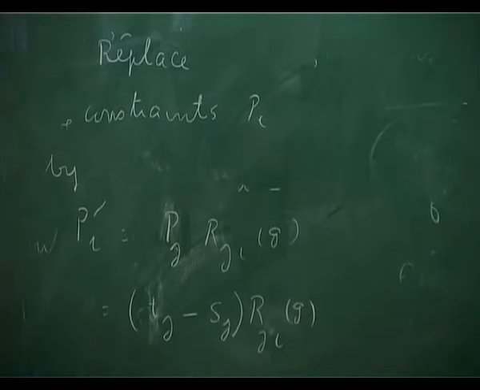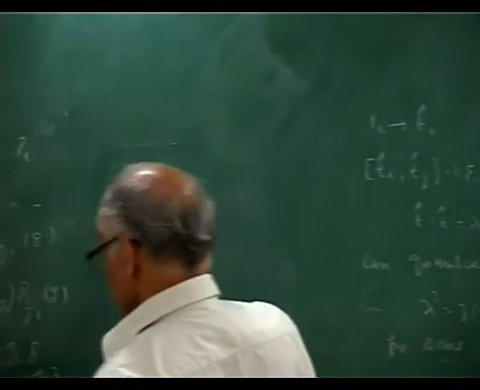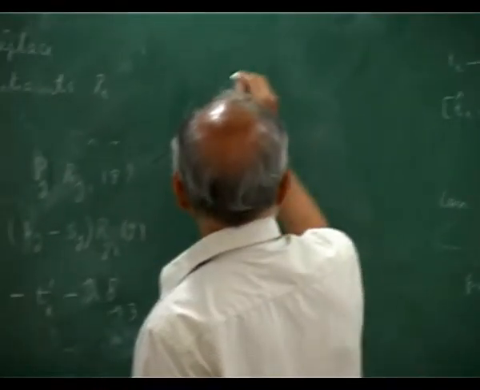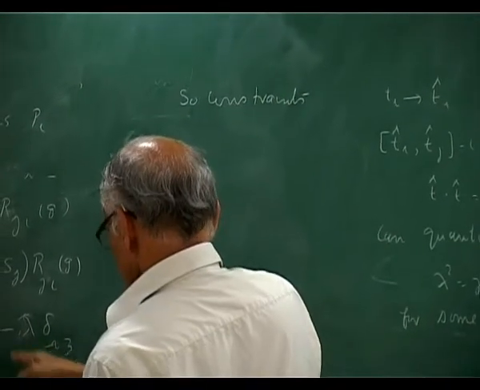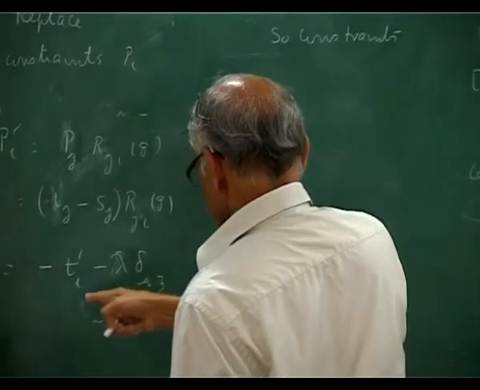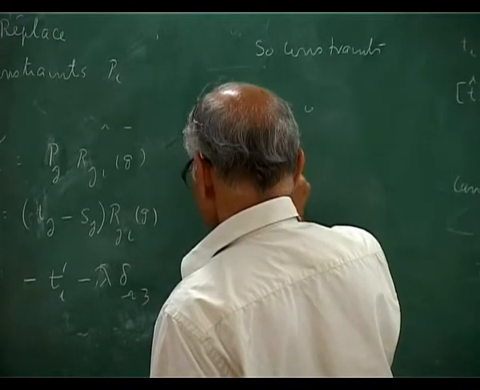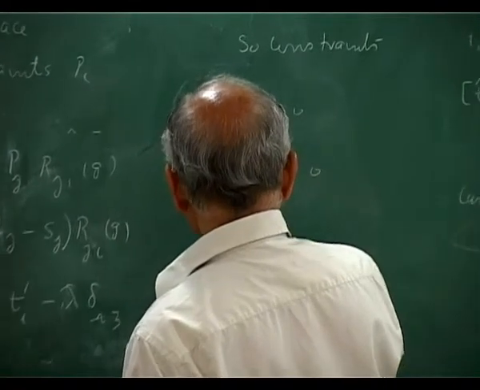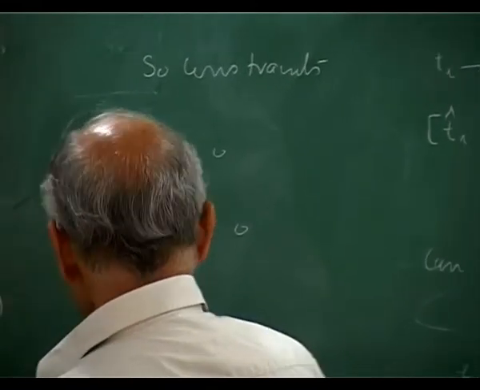So the constraints are, in this form, weakly zero: T prime 1 and T prime 2 are weakly zero, and T prime 3 is not zero, it is minus lambda.